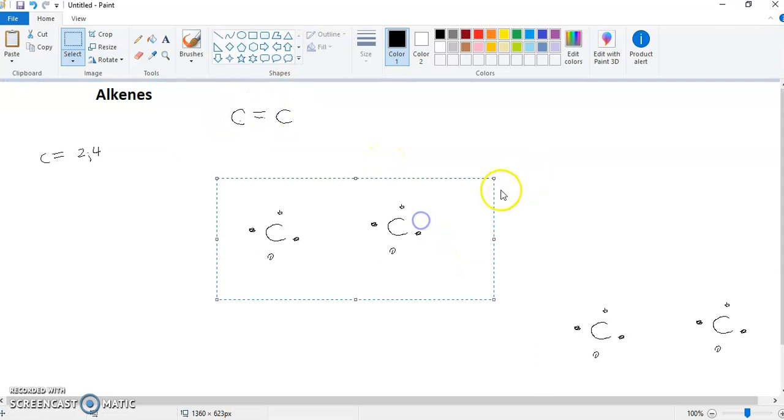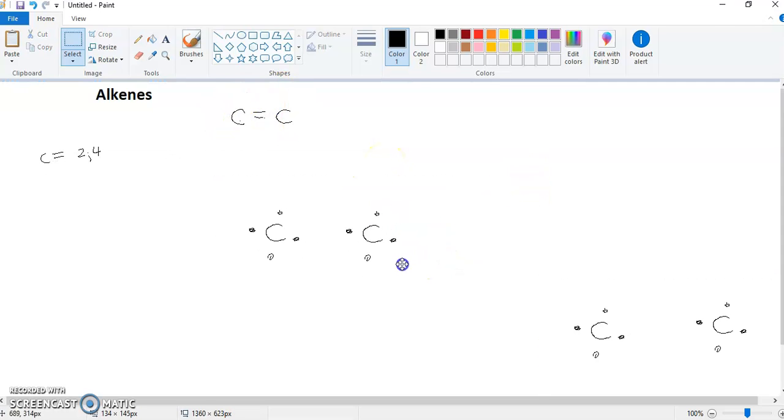So I can take this carbon and I can slide it over here, and what we can see now is, just as before, this pair of electrons is forming a single bond there, and now each of these carbons has 5 electrons in its outer shell.